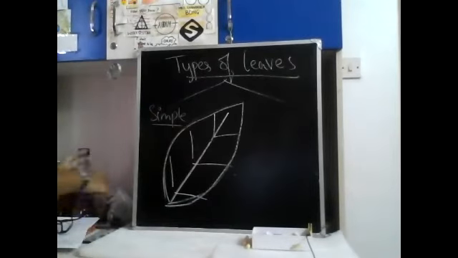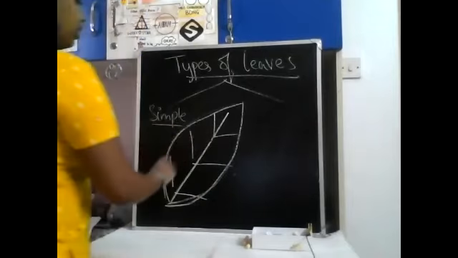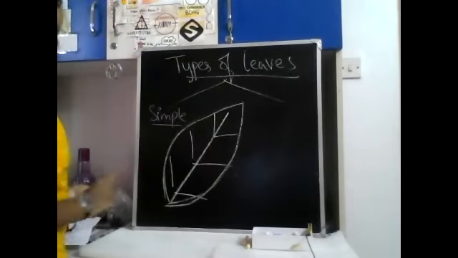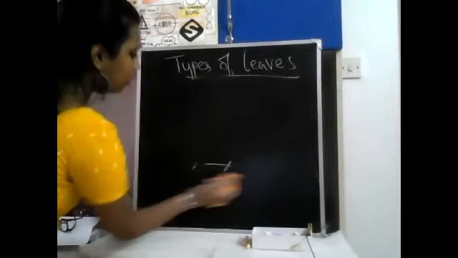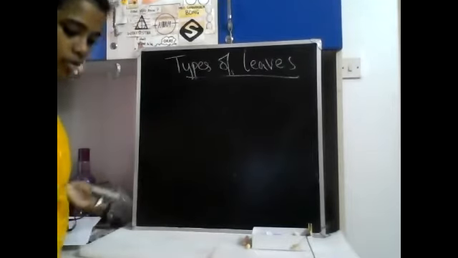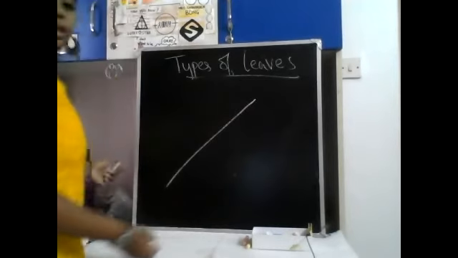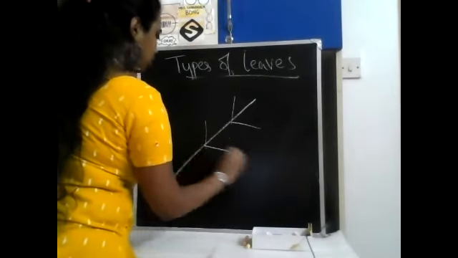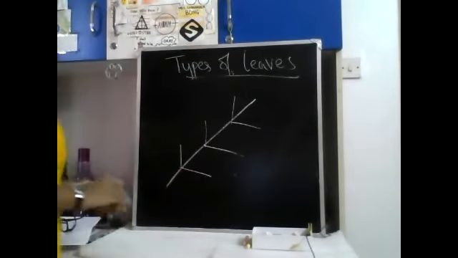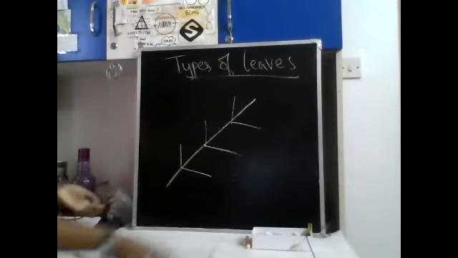Okay, but there are some kinds of leaves where the lamina is not continuous. In the sense, there is a break of lamina as it surrounds the midrib. I'll tell you what I mean. So if this is the midrib and you have veins like this, in simple, you would have just had a leaf like that and that would have finished.